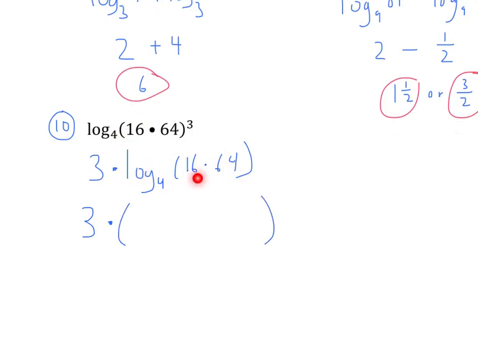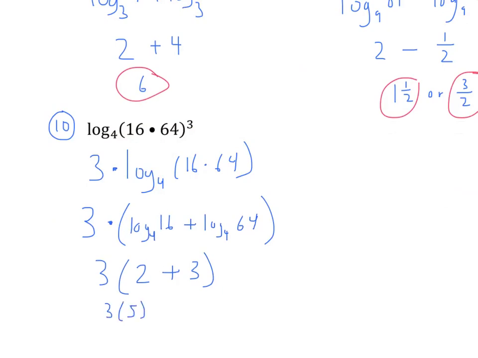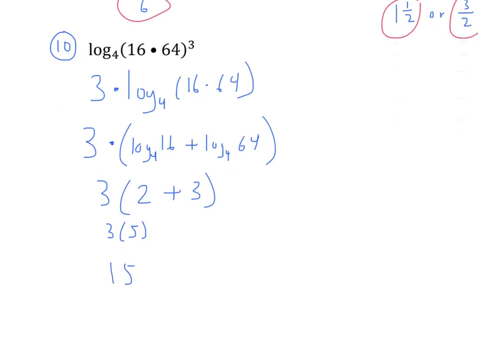Log base 4 of 16 times 64 is equal to log base 4 of 16 plus log base 4 of 64. And I know what these logs are. Log base 4 of 16 is 2, and log base 4 of 64 is 3. So 3 times 2 plus 3, well 2 plus 3 is 5, so this is just 3 times 5, which is 15. And there we have it. Using our properties of logarithms to make these hard-looking things easier.